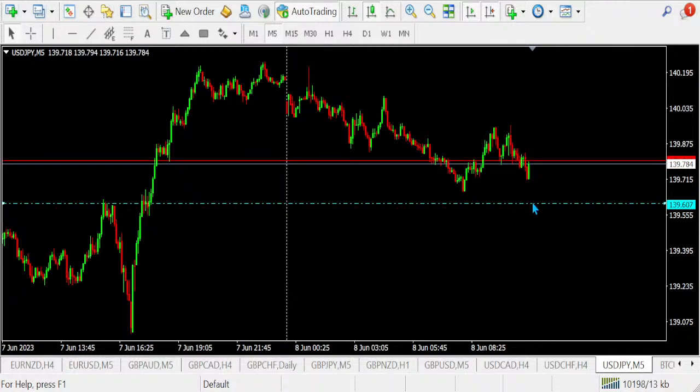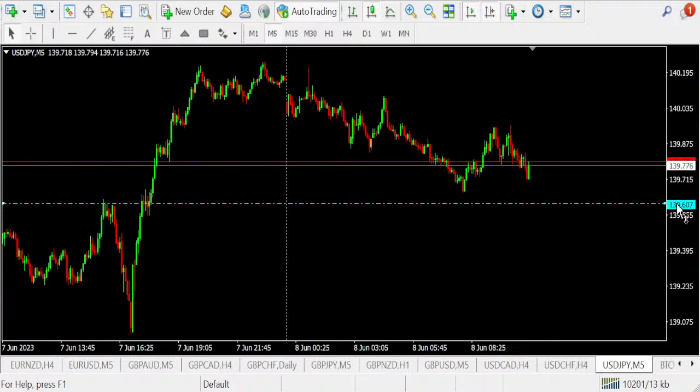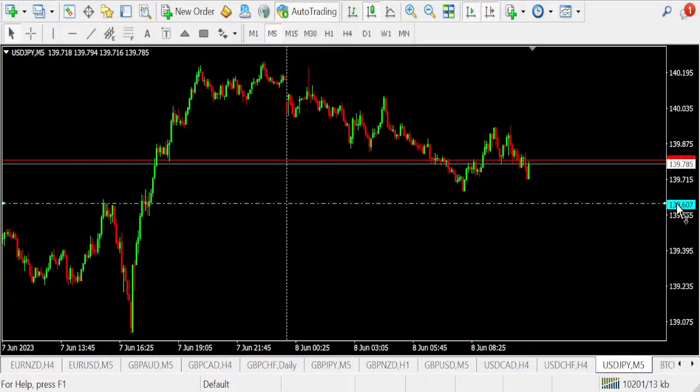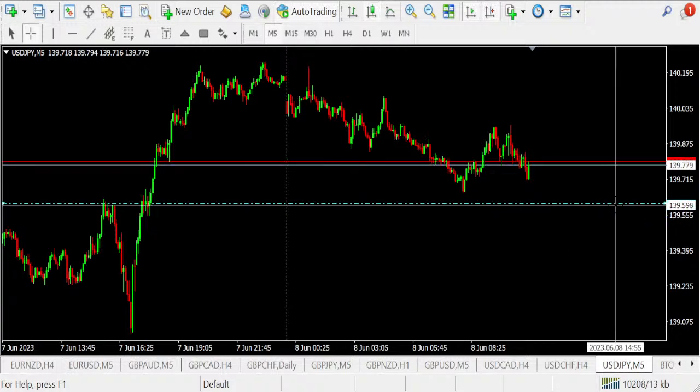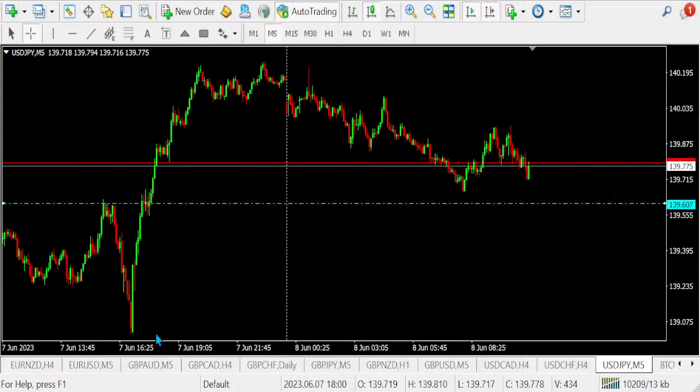If it's for dollar yen, I'll be waiting for it to break 139.607. Just now, as we mentioned, 139.607. If I want to sell dollar yen, I make sure it breaks 139.607. Then I will go down to take this liquidity down here.